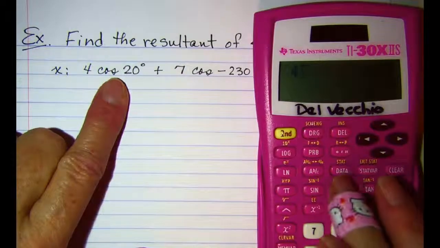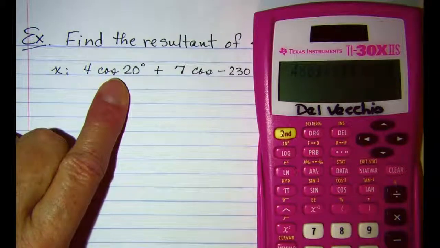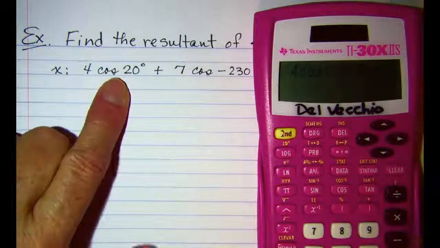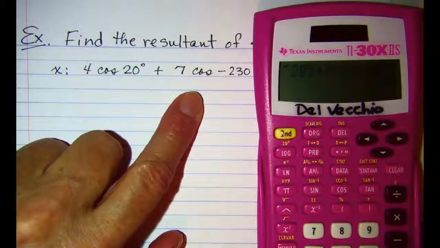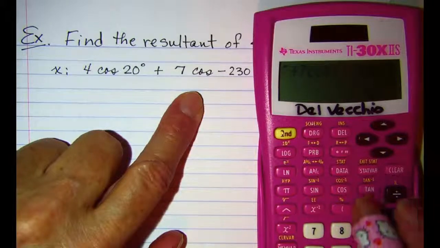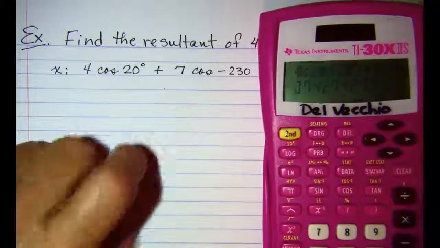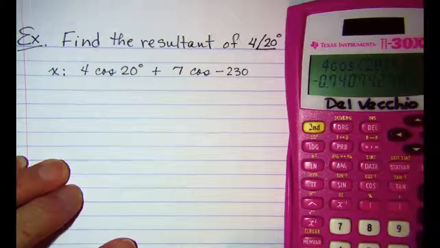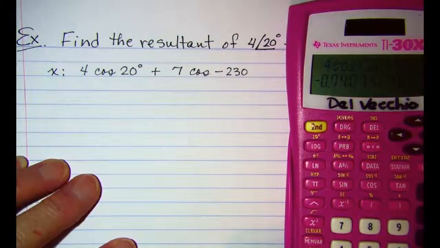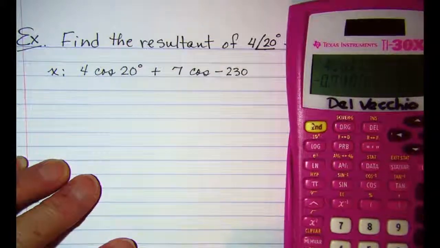So 4 cosine 20 plus 7 cosine negative 230 gives us a horizontal component for the resultant of negative 0.7407.